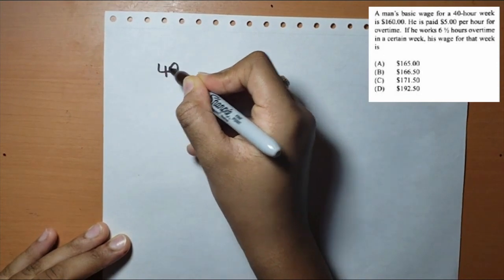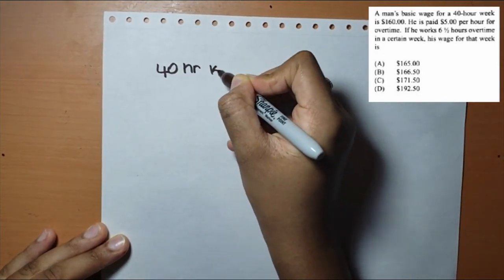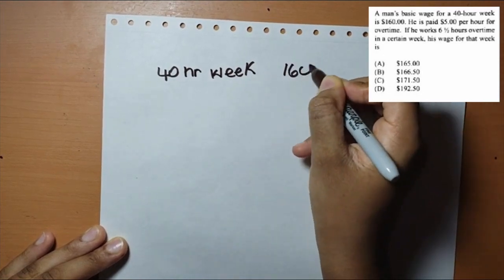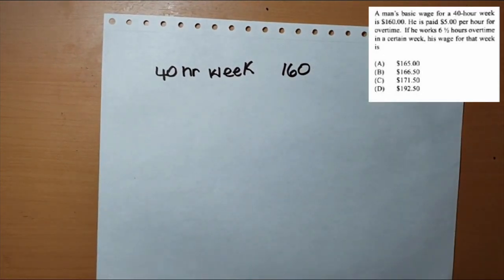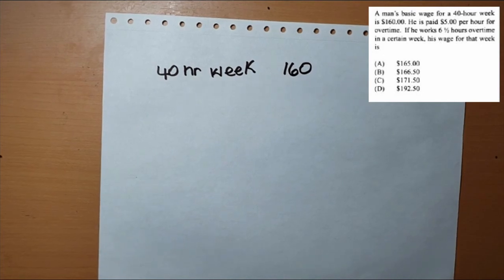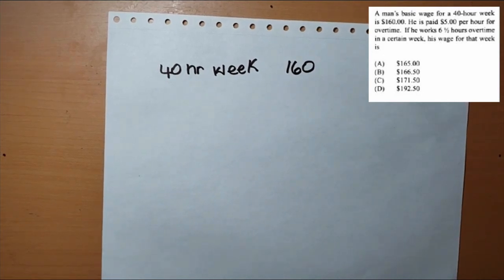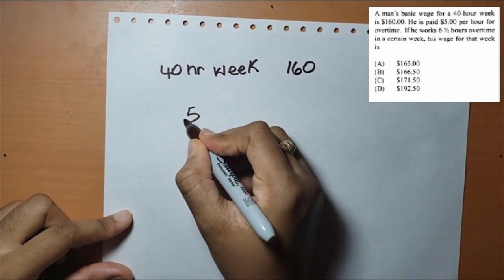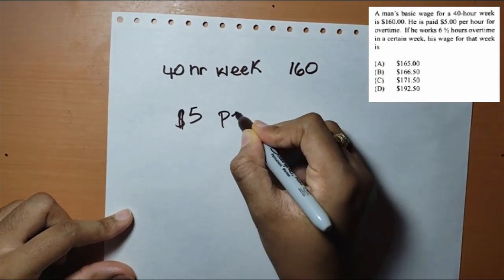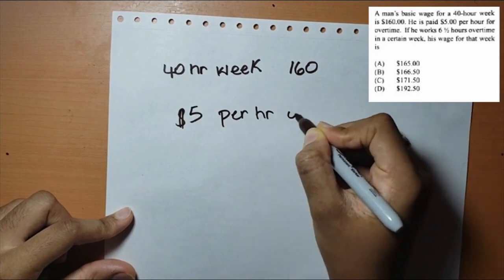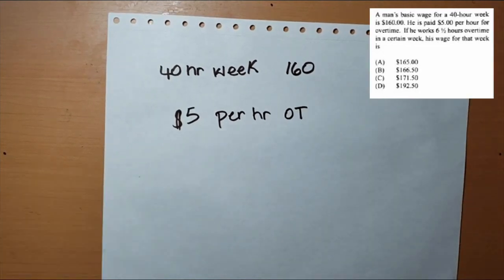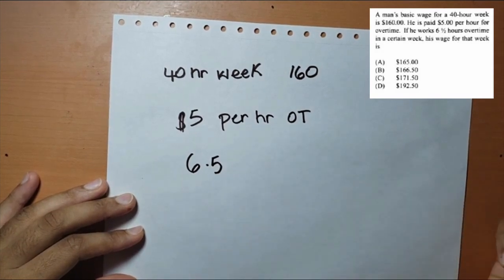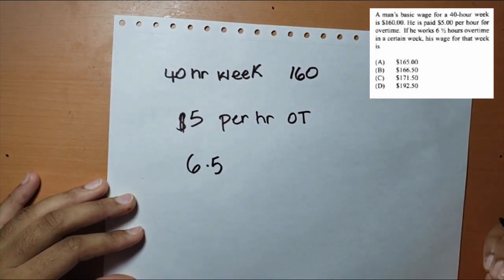So we're going to write down the information that we have. A 40-hour week is 160. This is his 9 to 5, what he gets regularly, right? If he's paid $5 per hour overtime, and he works 6.5 hours overtime, what would his wage for the week be?